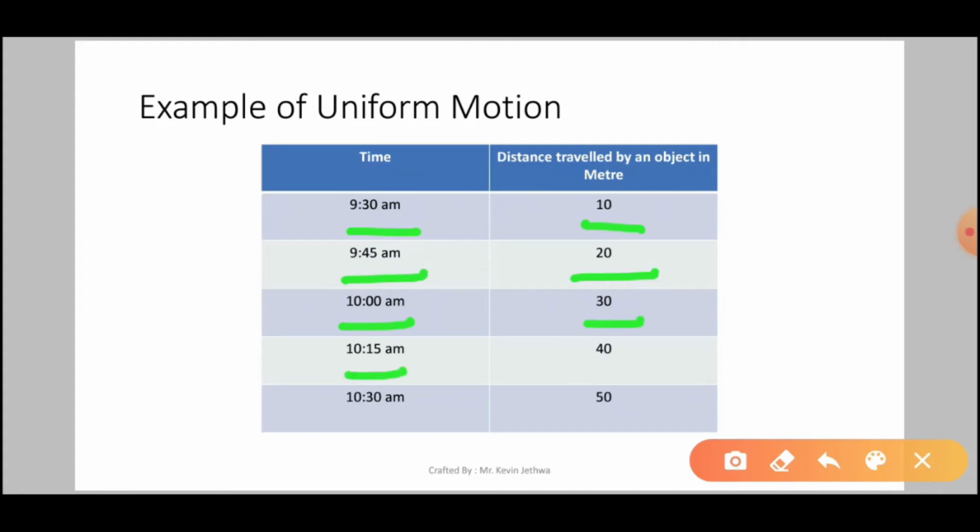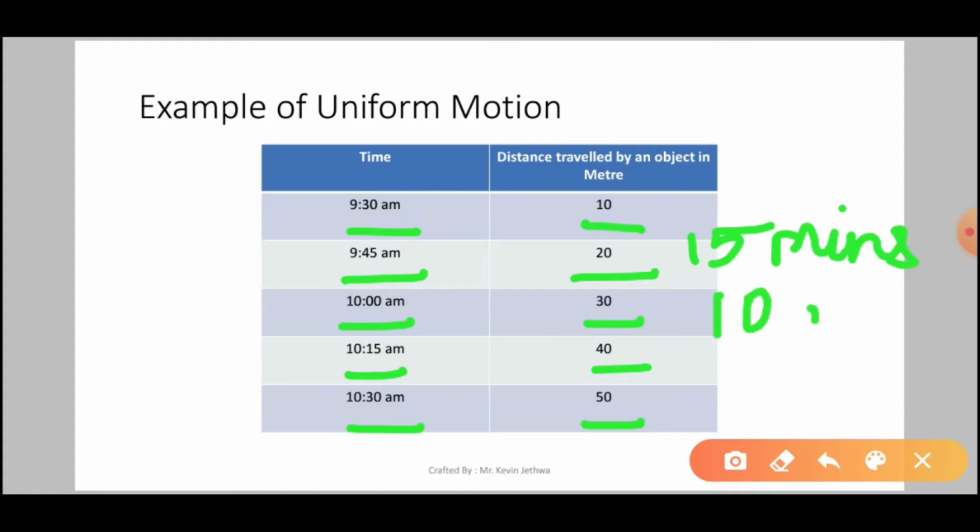At 10:15, 40 meters. 10:30, 50 meters. So we can see that at every 15 minutes, it travels 10 meters. So means at equal time interval, that is for 15 minutes, it travels 10 meters. So this is an example of the uniform motion.